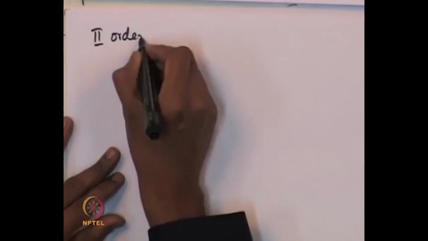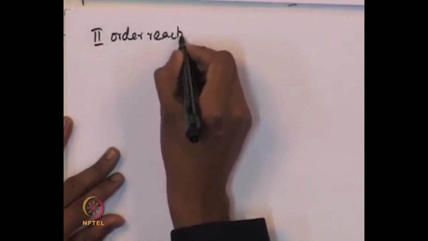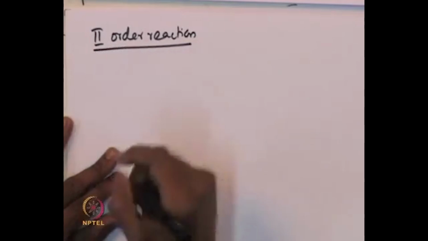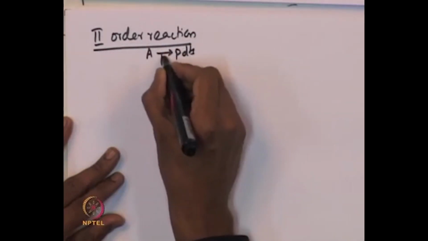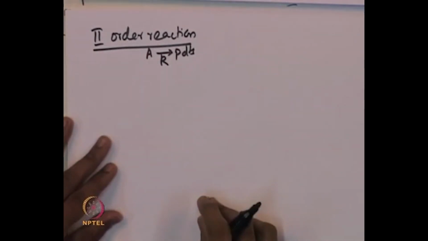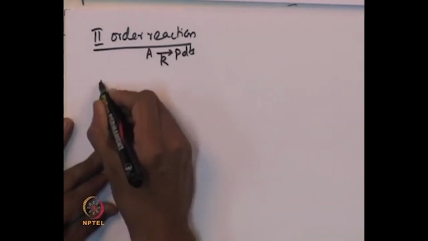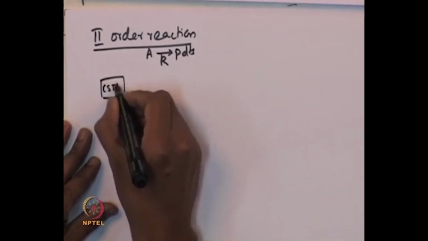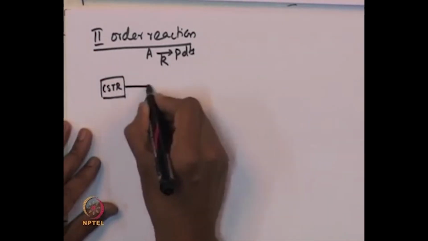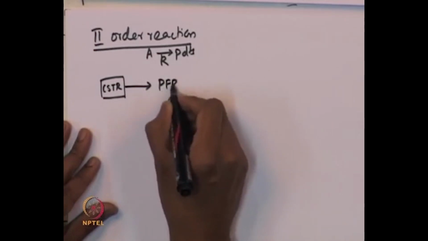So, let us take an example of that. Let us take a second order reaction of A going to products and the corresponding specific reaction rate is k. Now, this can be depicted as, let us consider the combination of CSTR followed by a plug flow reactor.